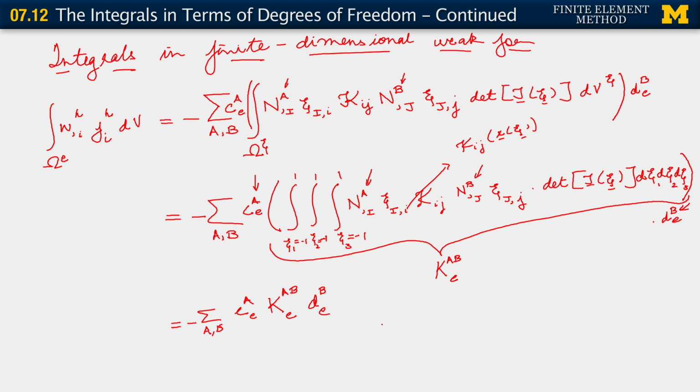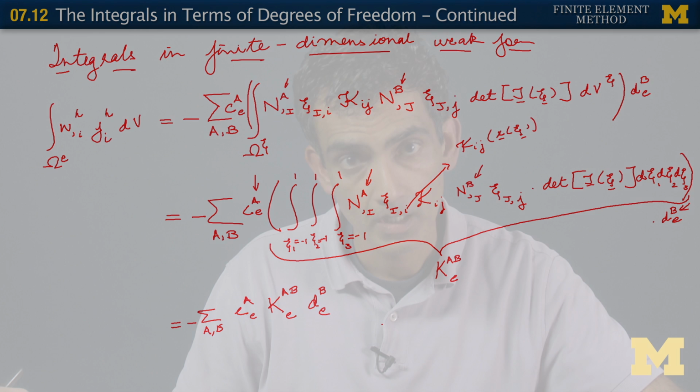And now we take a step that we took in the 1D case as well. We are going to, well, actually, what are we going to do? Do you recall what we do next in setting up our finite element equations? We get rid of our sum, our explicit sum over A and B by going to matrix vector notation. Okay, let's do that in the next slide.